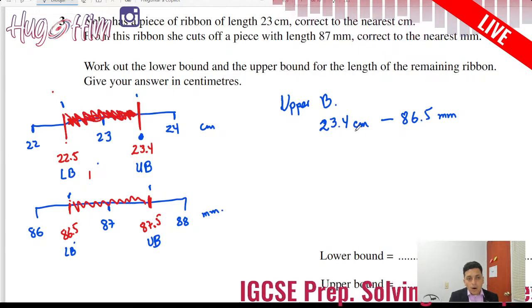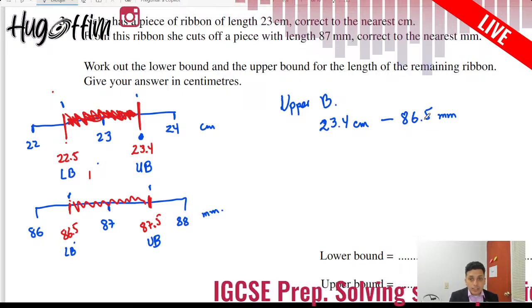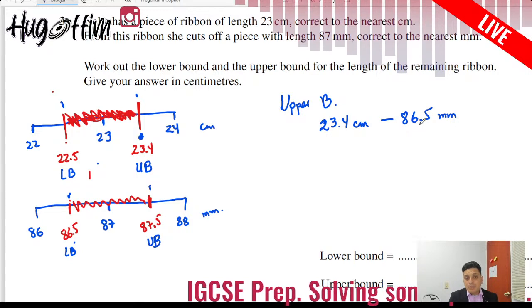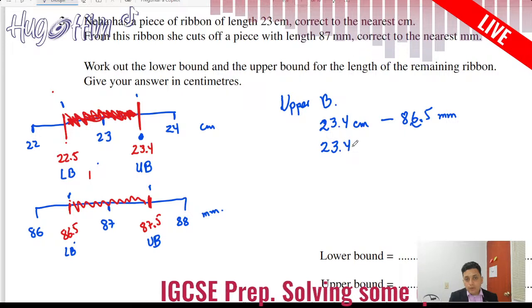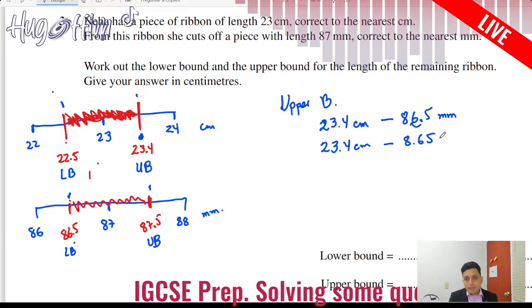Now, obviously, these cannot be subtracted if they are not in the same unit. So I need to convert from millimeters to centimeters by dividing by 10. So I'm going to divide by 10: 23.4 centimeters minus 8.65 centimeters.